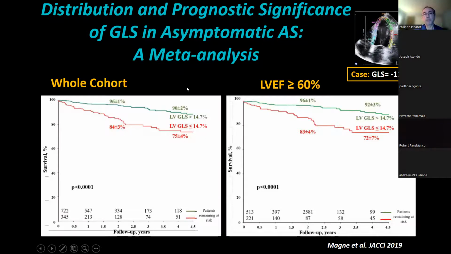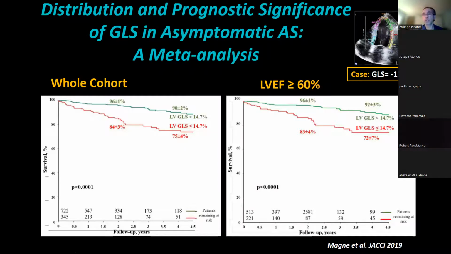And these were patients with asymptomatic AS and preserved LV ejection fraction. In these patients with no symptoms and LVEF more than 50%, the reduced global longitudinal strain, which was approximately 1/3 of the cohort, identified patients who are at risk of worse outcomes.